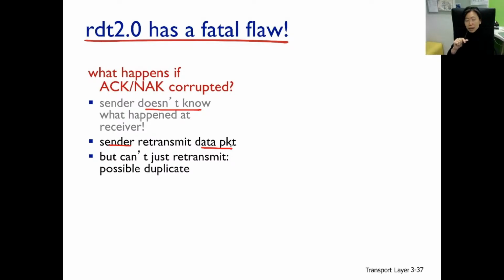Would that work? If the corrupted feedback is a NACK, then this addresses the issue, doesn't it? If the corrupted feedback is an ACK, then this actually creates duplicates.